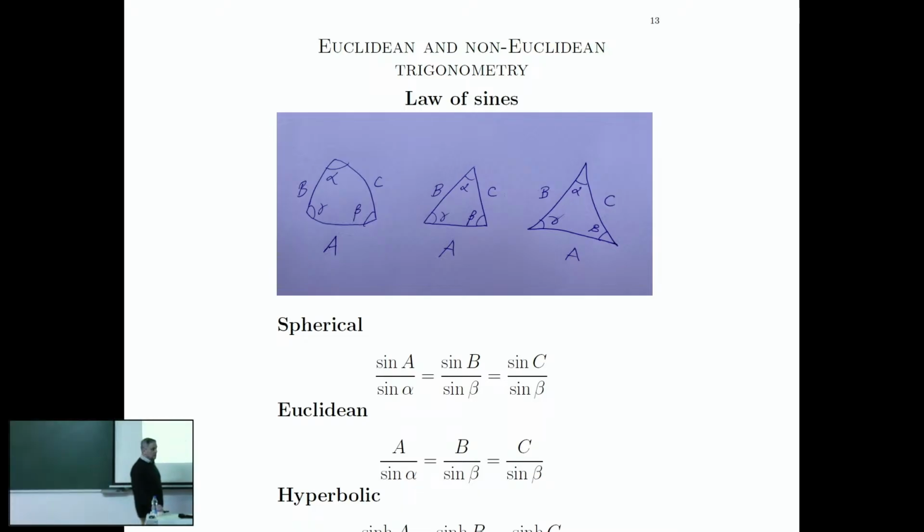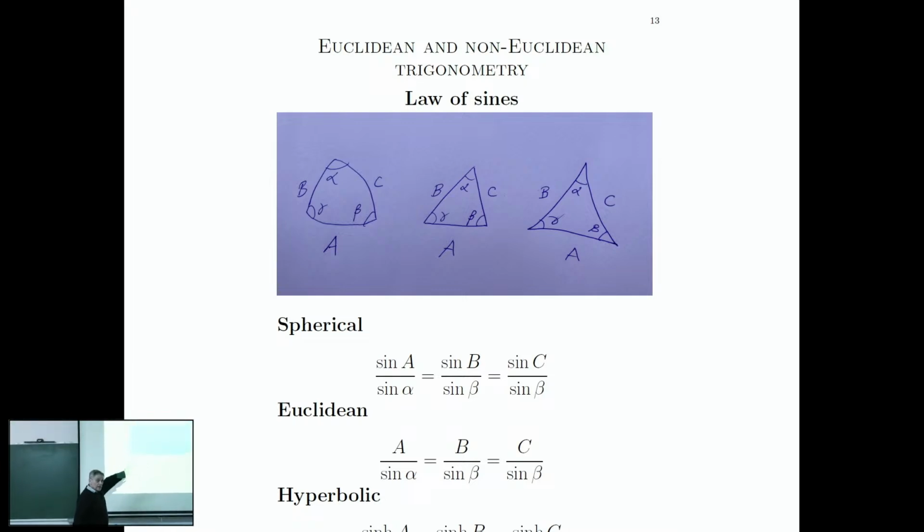Before telling you about trigonometry in right-angled hexagons, I want to tell you a few things about trigonometry of triangles. So I drew here three triangles. When I draw the triangle a little bit fat, it means that it's spherical.